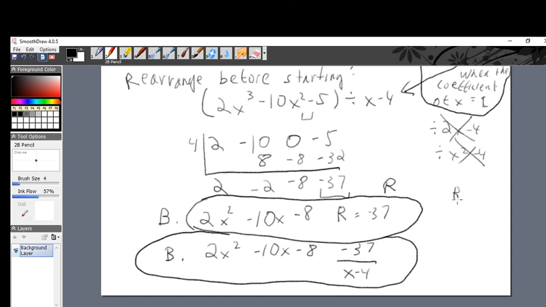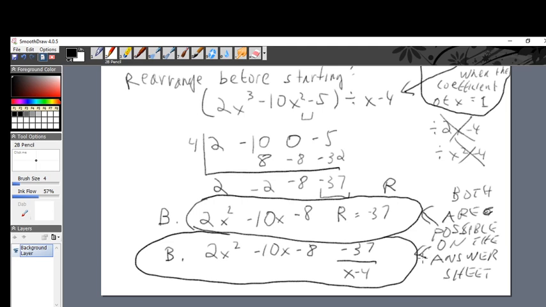Both are possible on the answer sheet. Sometimes they'll take the remainder looking like this, and sometimes they'll take the remainder looking like this.